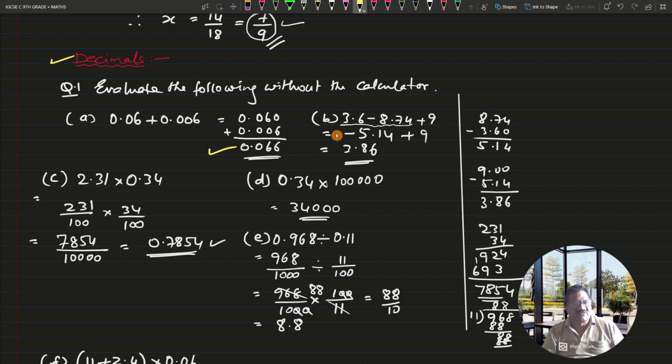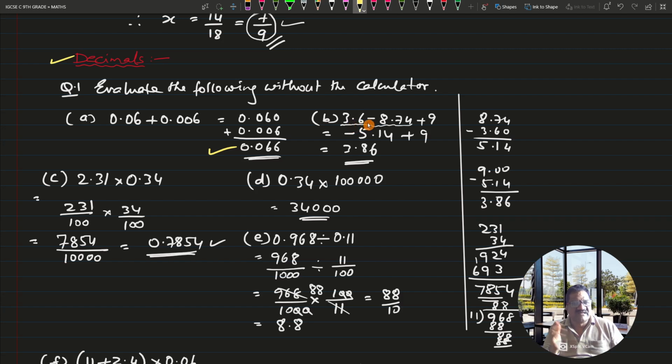Now B part of the question is 3.6 minus 8.74 plus 9. These numbers are also in decimal form. First I'll take the first two numbers, 3.6 minus 8.74.